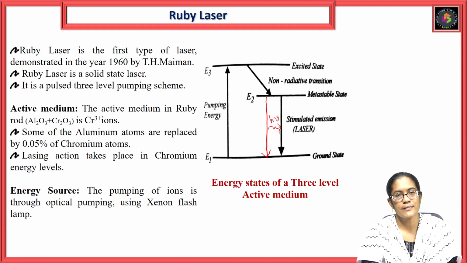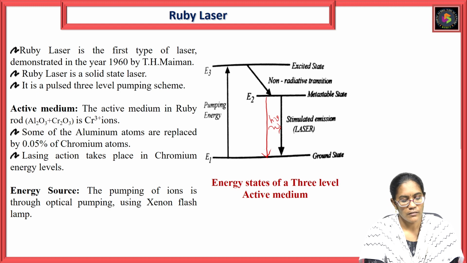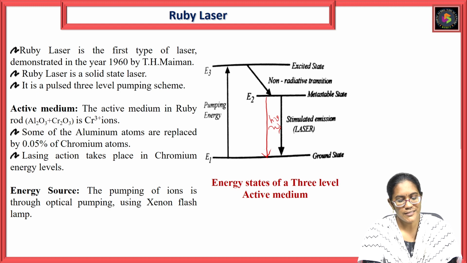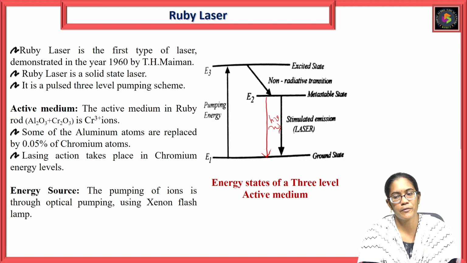The second one is the energy source. In the Ruby laser, the pumping method is optical pumping by using a xenon flash lamp. The pumping methods differ for different types of lasers. For example, for the Ruby laser the pumping source is optical pumping.